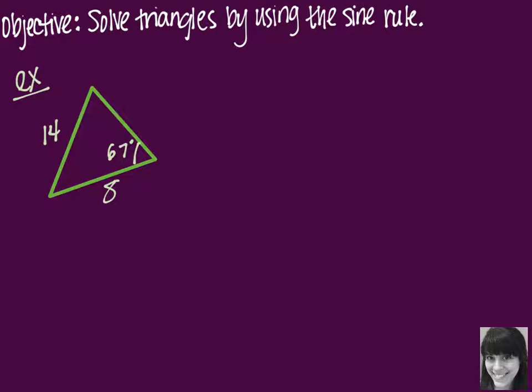On this one, we don't have any labels, so in order to make sure we are consistent and organized, we make labels for it. I'm going to call them A, B, and C. So our ratio is going to be sine of 67 over 14.